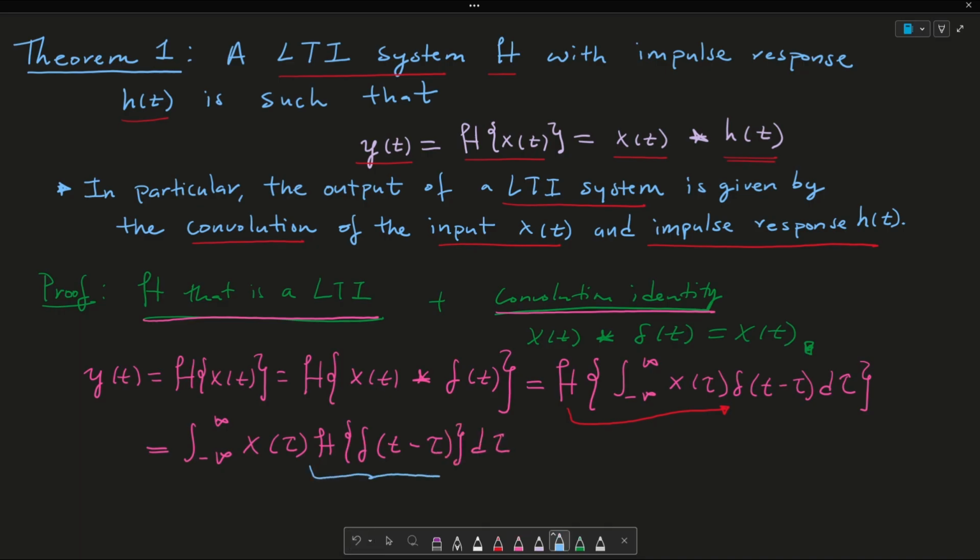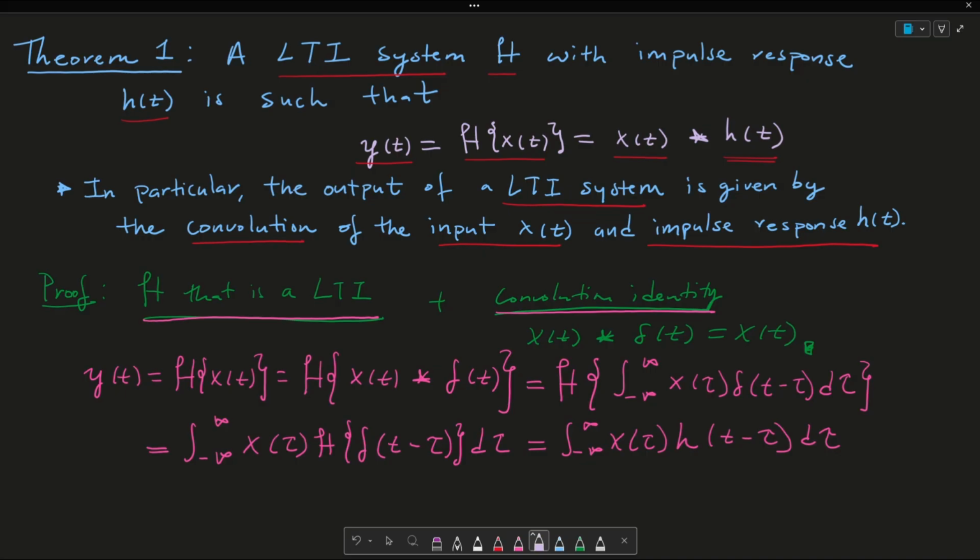And now we can use that observation or definition from slide number 1 that says that if my input to my system is this unit impulse, we get what's called the impulse response. So then I can say that this is equated to the integral from negative infinity to infinity x of tau times this impulse response, or h t minus tau d tau.